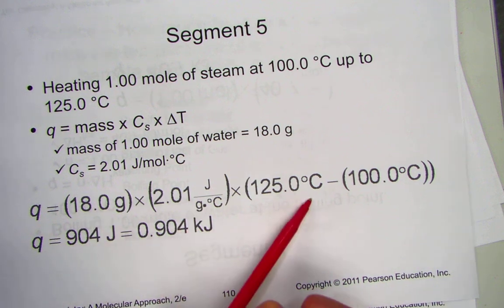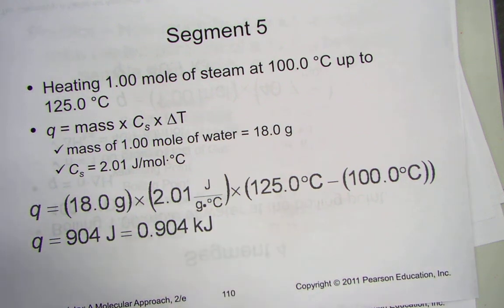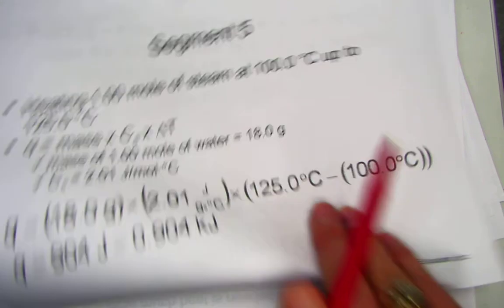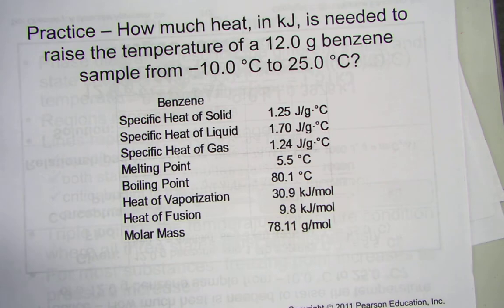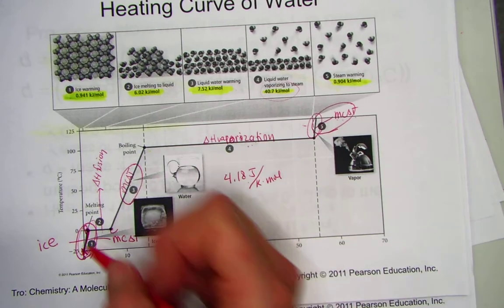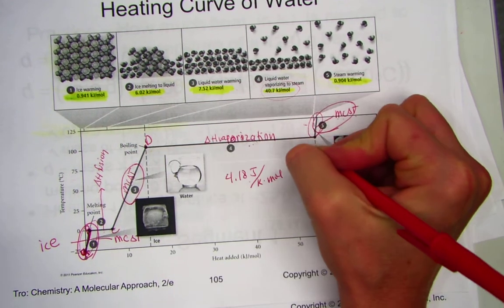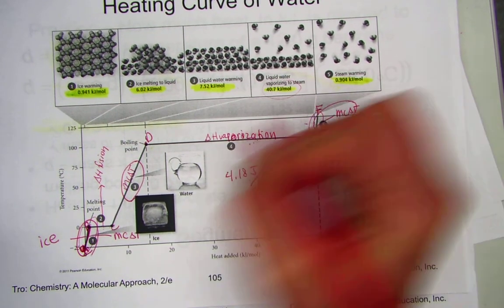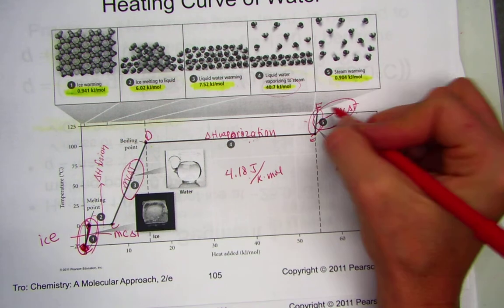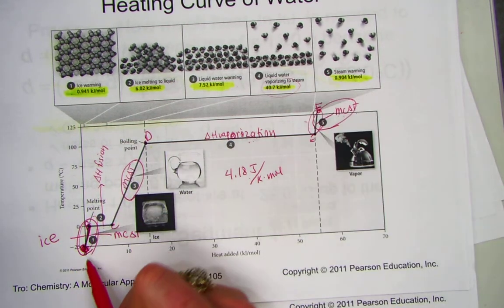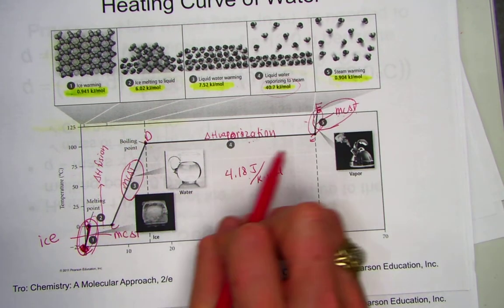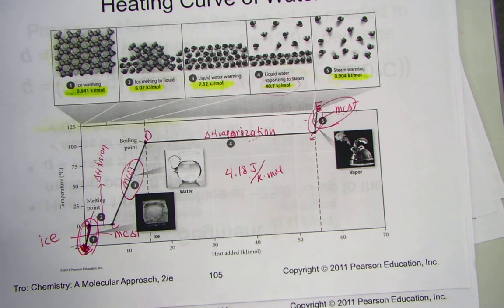MC delta T gives us 0.904 kilojoules of heat. And if I summed all of those values to move from point A, B, C, D, E, all the way to point F, it's the sum of each one of those separate line segments, one at a time, added together.